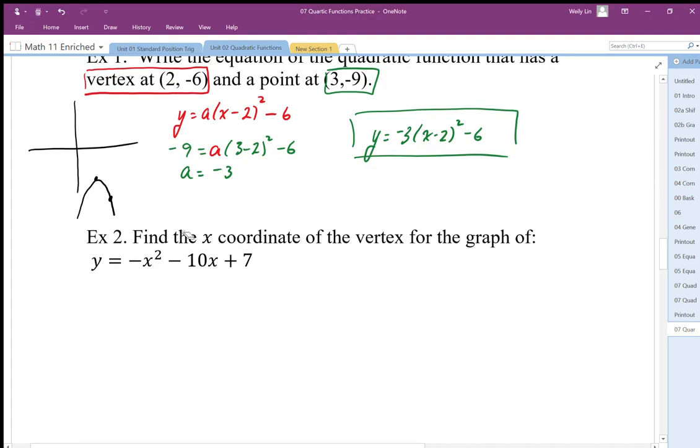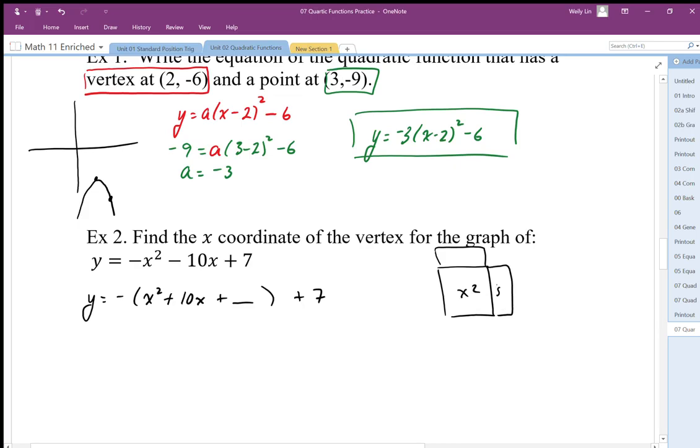So if I want to find the x coordinate of the vertex of this graph, there's a few different ways I can do this. I can complete the square. Okay, I can factor out the negative. Okay, so what I now have is x squared.